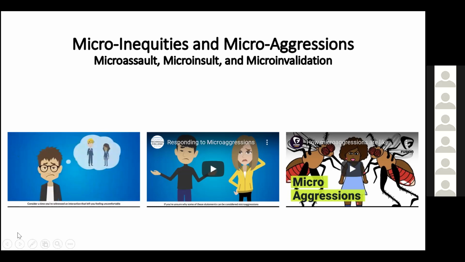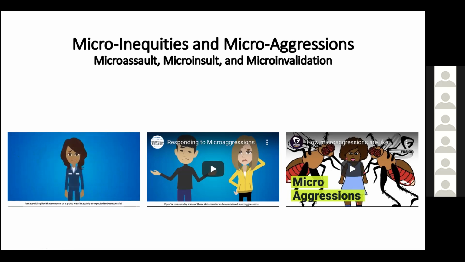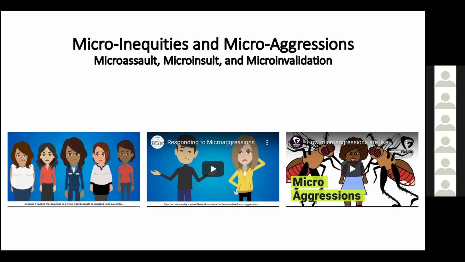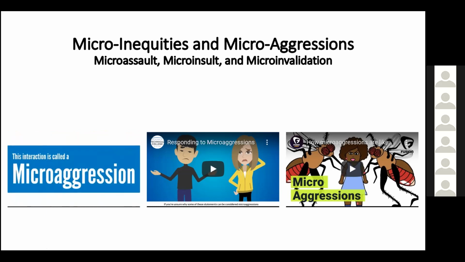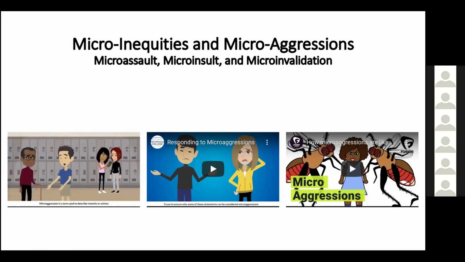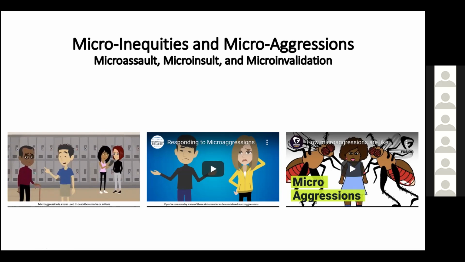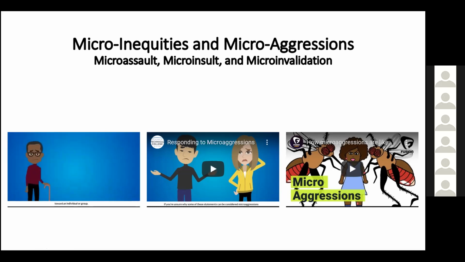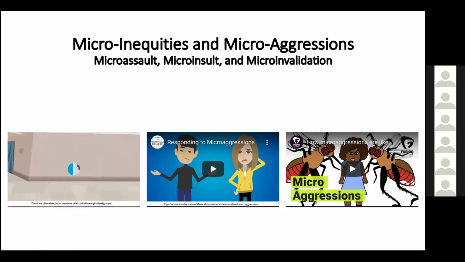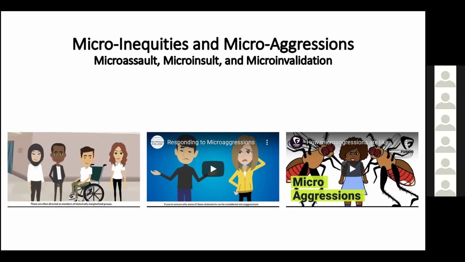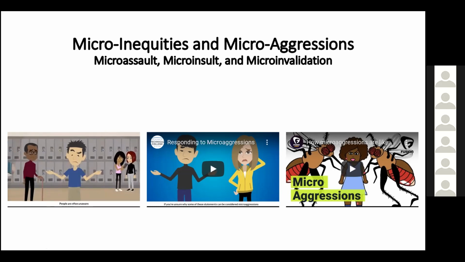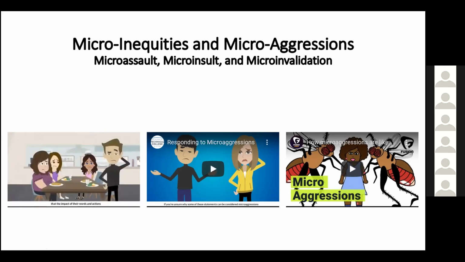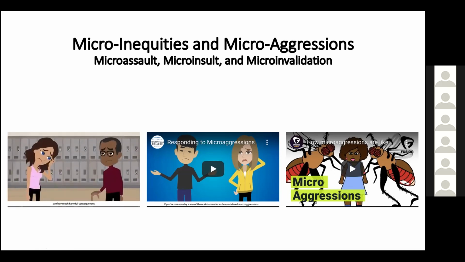Consider a time you've witnessed an interaction that left you feeling uncomfortable because it implied that someone or a group wasn't capable or expected to be successful. This interaction is called a microaggression. Microaggression is a term used to describe remarks or actions that imply negative associations and insults toward an individual or group. These are often directed at members of historically marginalized groups. People are often unaware that the impact of their words and actions can have such harmful consequences.